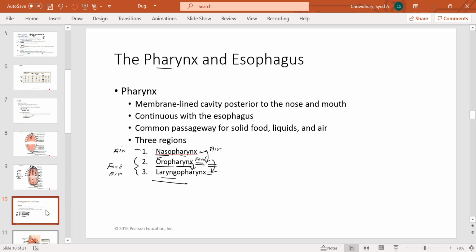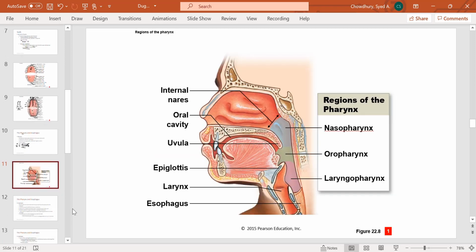Okay, now if you see those 3 parts shown by 3 different colors, this is naso, this is oro, and this is laryngo. So food enters this way and air enters this way.